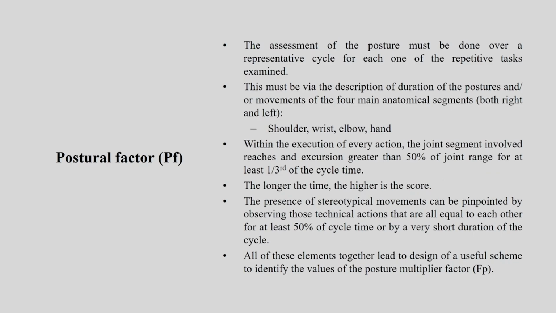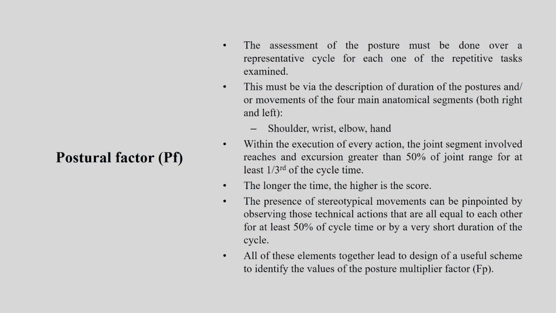This must be done via the description of the duration of the posture and/or movement of the 4 anatomical segments, both right and left. Maybe the shoulder, wrist, elbow and hand. So what is the posture of these parts, the upper extremities?